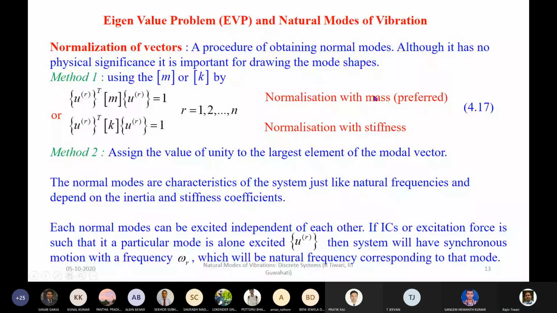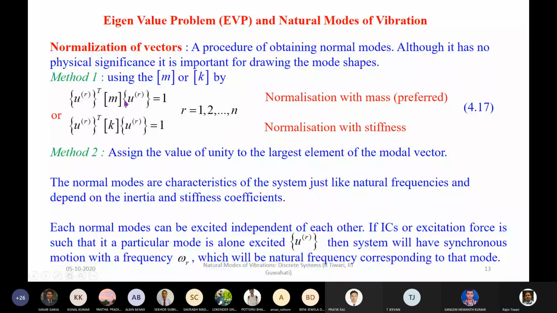You can see here the eigenvector prior to the mass matrix and after the mass matrix are the same rth mode eigenvector, and that we are equating to 1. For each of these modes, we need to equate to get the normalized eigenvector.